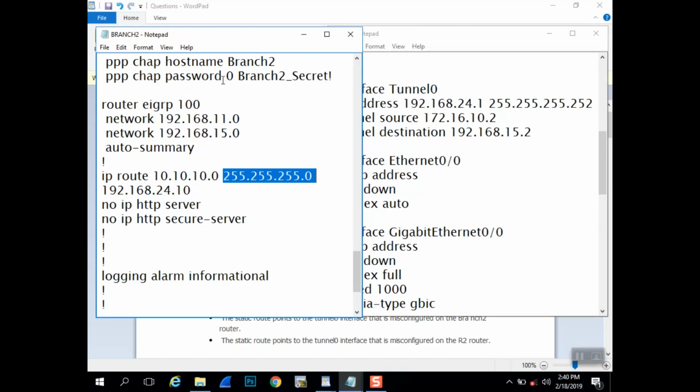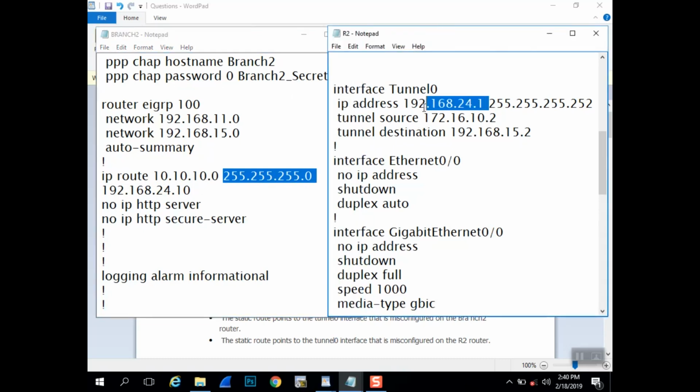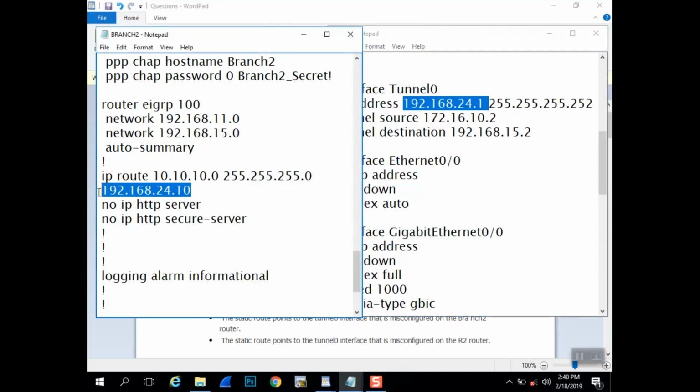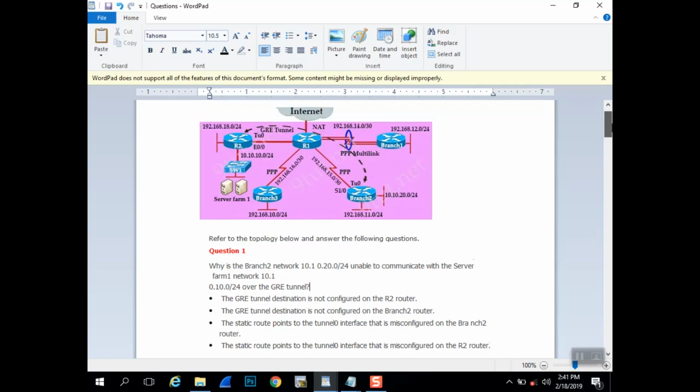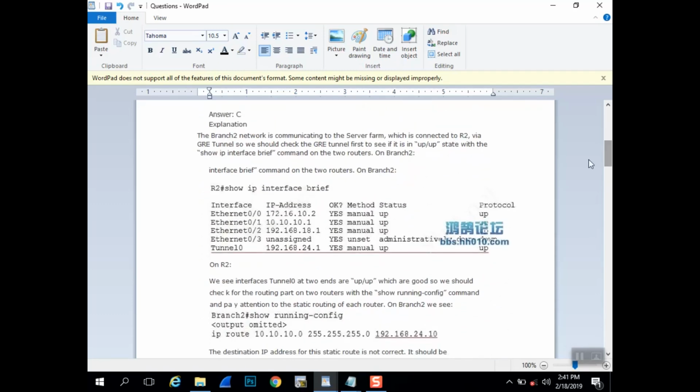So the next hop for branch 2 should be 24.1, as it is the tunnel IP address of R2. But as you can see here, the address is 192.168.24.10. So we can conclude that the answer for number 1 is letter C. The static route points to the tunnel 0 interface that is misconfigured on the branch 2 router. If I scroll down, you would see the answer and also the explanation for the question.